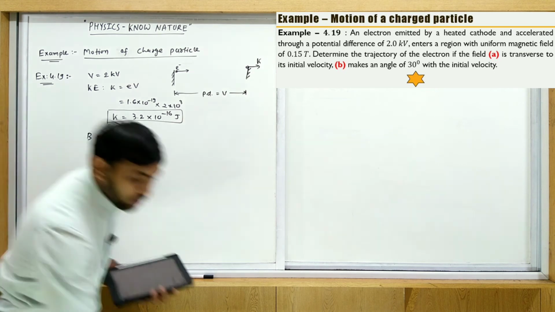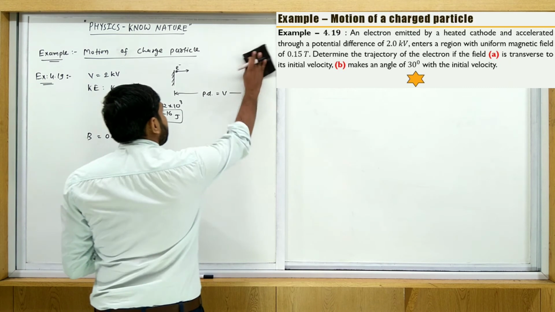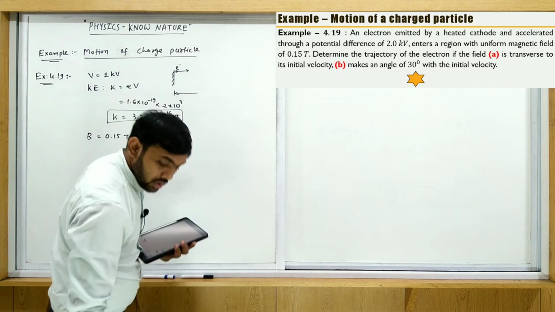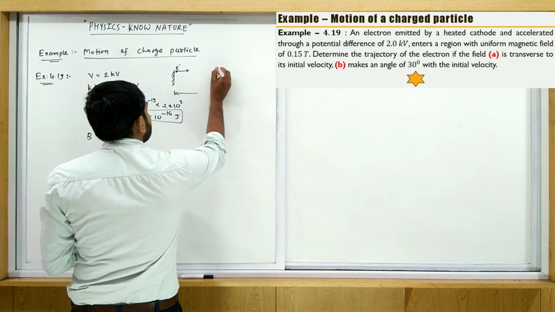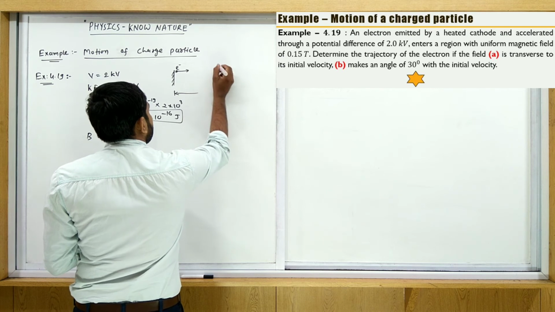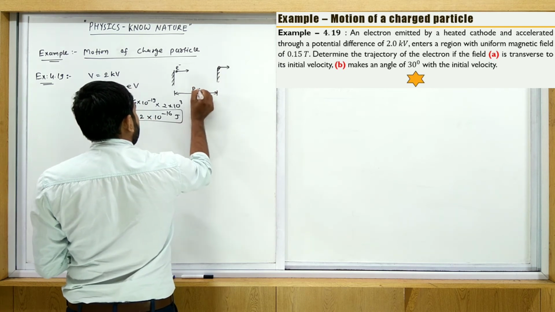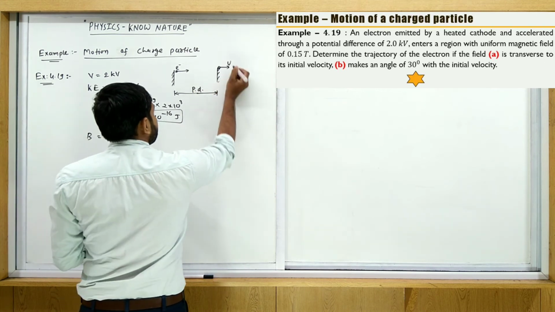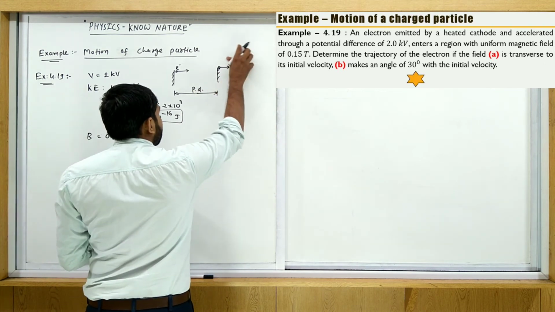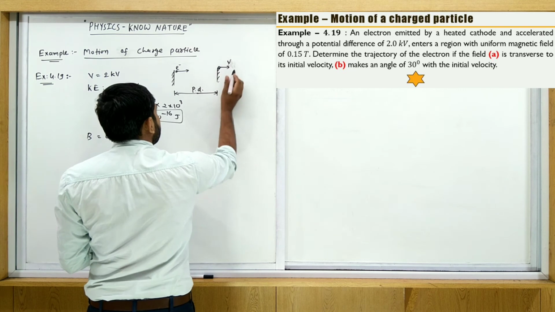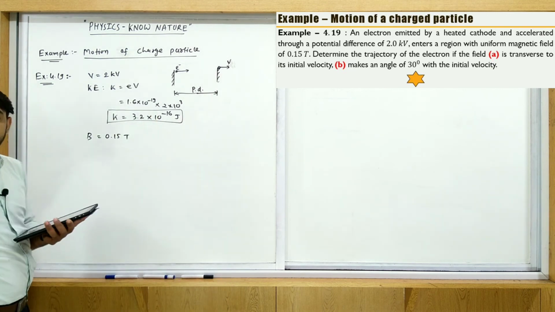Okay, let's redraw this figure in such a way. Suppose when this electron has reached somewhere here, the potential difference is applied, and it enters into the uniform magnetic field with the speed v and kinetic energy K. Suppose this type of situation.